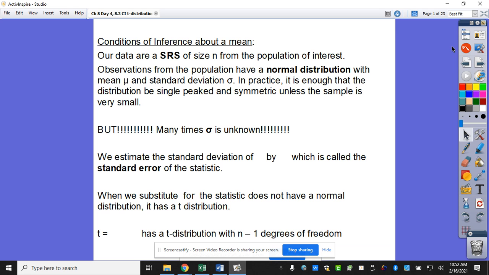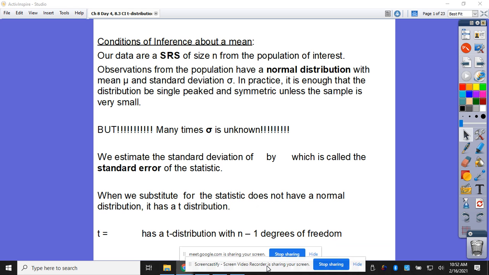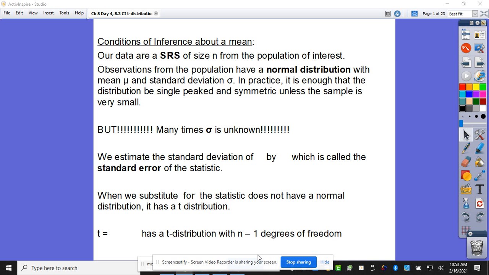The only time it would happen is if we're using an old standard deviation from a past sample. So like something that happens annually, we might estimate by using the population standard deviation from last year. So many times sigma is not known. So we have to estimate the standard deviation.